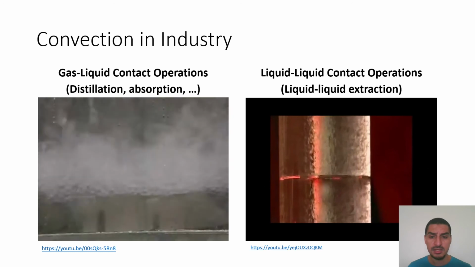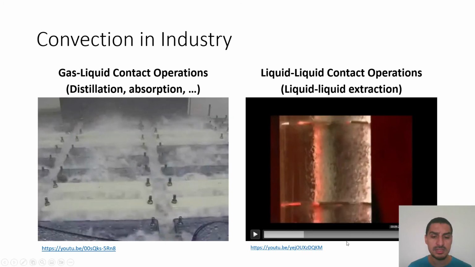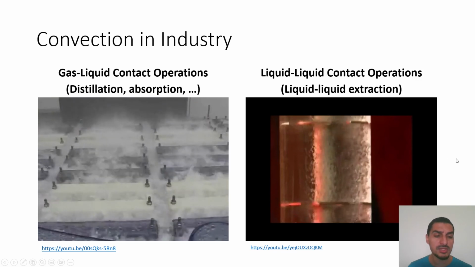The second case here is the case of liquid extraction. In liquid extraction, this is a process where we extract one component in a liquid phase using another liquid that is immiscible with it. So the two liquids have two different densities. One liquid goes from up to down and the other from down to up.